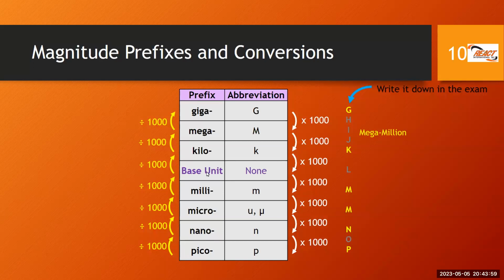And of course, if you're going up, meaning that you are going from the base unit to kilo, for example, you need to divide by 1,000. If you're going from kilo to mega, you divide by 1,000. So that's what this representation is here. And hopefully that will be helpful to some persons.